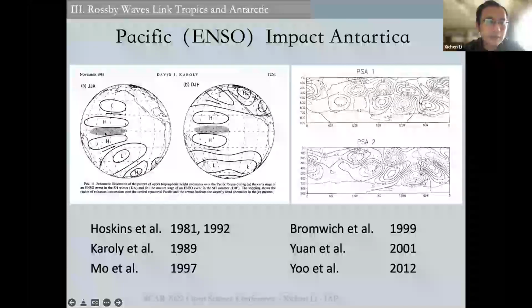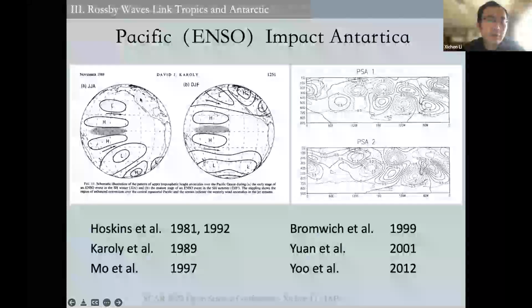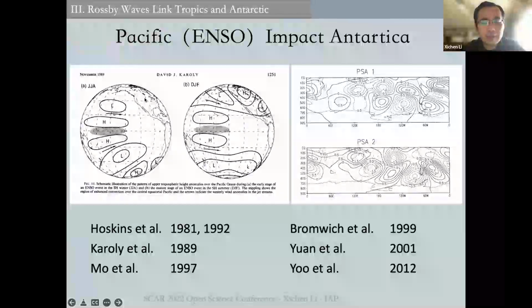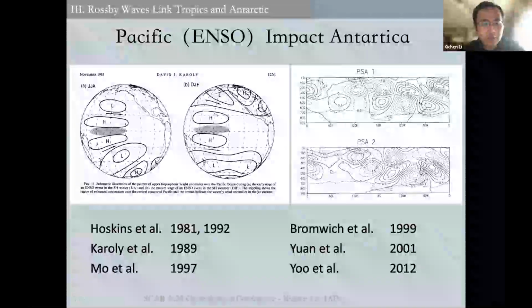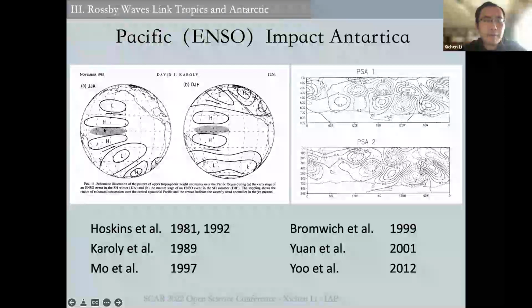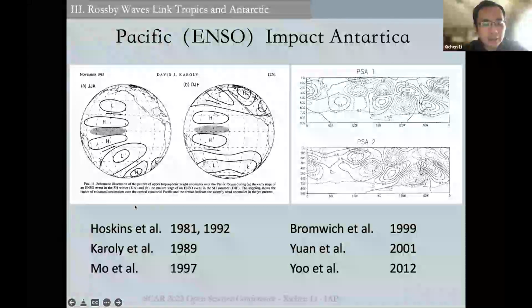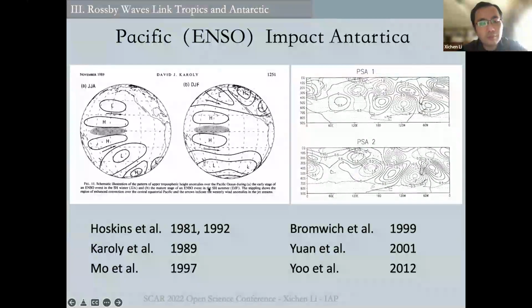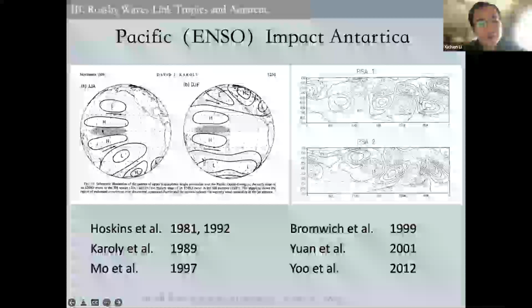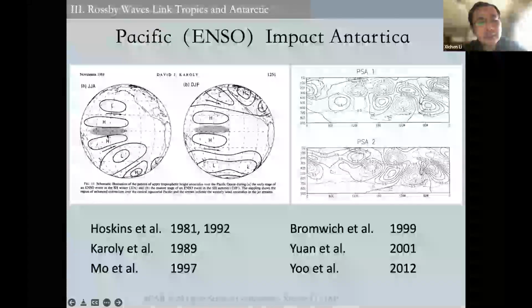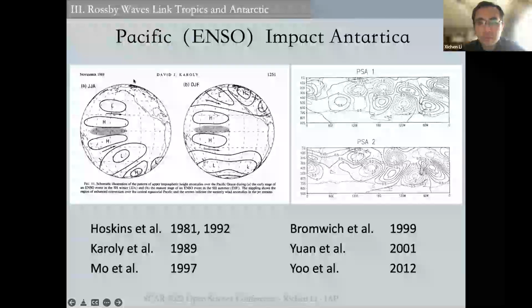When the El Nino happened, people realized that there was a climate response all over the globe, and some pioneers like Hoskins, Karoly, and Mike Wallace revealed the so-called Pacific South American and Pacific North American modes.